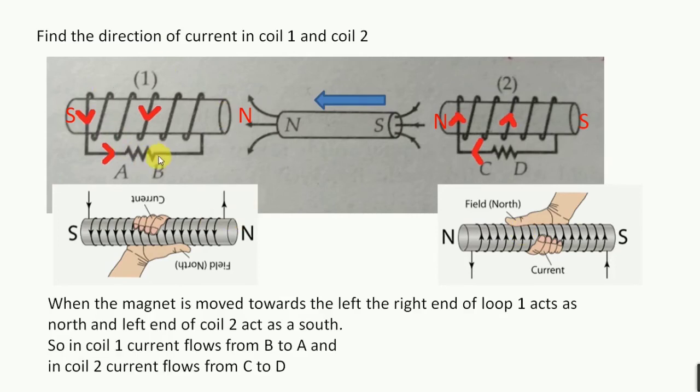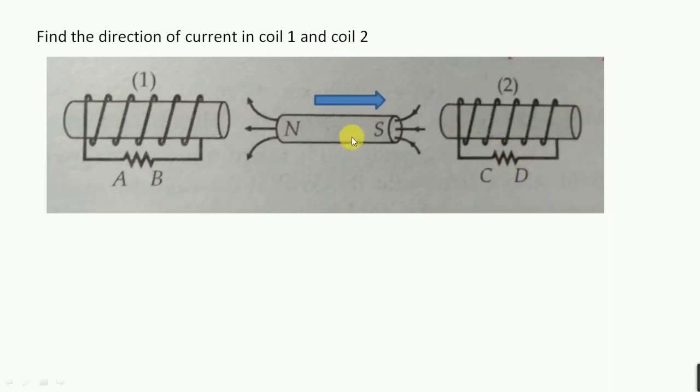So in coil 1 current is flowing from B to A in the coil. I'm not talking about the resistor, I'm talking about the coil. So current will flow from here to A, and in coil 2 current will flow from C to D in the coil. So now you can try this question. In this question the magnet is moving in this direction.